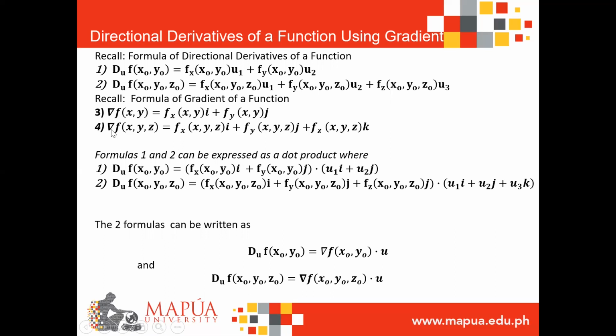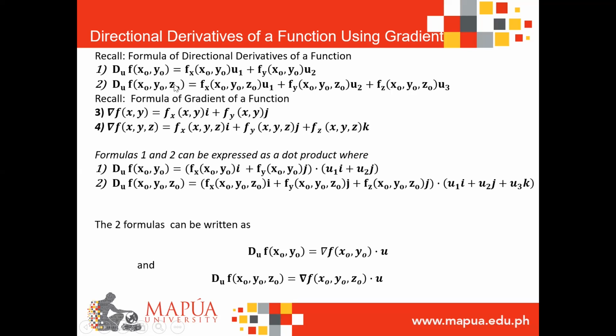Then we have here the gradient of a function of 3 variables. So we have here equation 4. So this is read as del f of x, y, z is equal to f sub x evaluated at x, y, z times i plus f sub y evaluated at x, y, z times j plus f sub z evaluated at x, y, z times k.